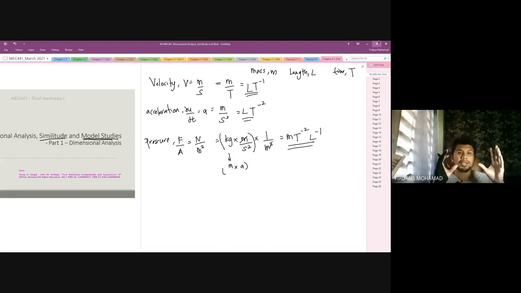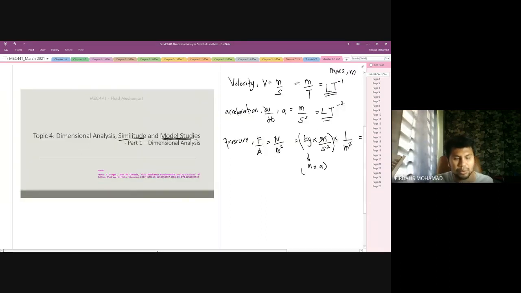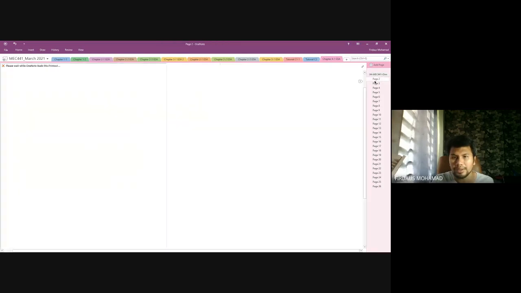Maknanya similarity ni apa yang berlaku dekat model akan sama dengan apa yang berlaku dekat actual. So kita kena samakan the actual dengan model based on, for example saya cakap ada Reynolds number. Yang tu kita akan belajar dalam chapter atau untuk second part. Boleh? So this is just only overview for this topic.